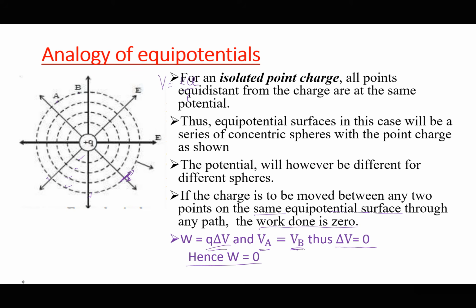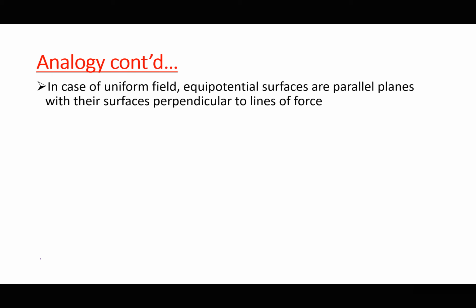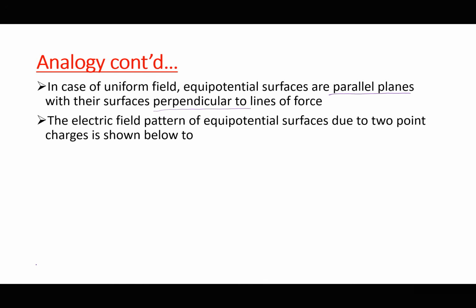We can also have equipotential surfaces in a uniform field. In the case of a uniform field, equipotential surfaces are parallel planes with their surfaces perpendicular to lines of force. So the electric field pattern of equipotential surfaces due to 2-point charges could also be shown here.